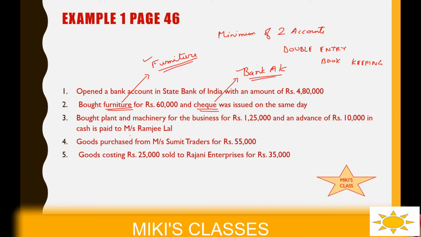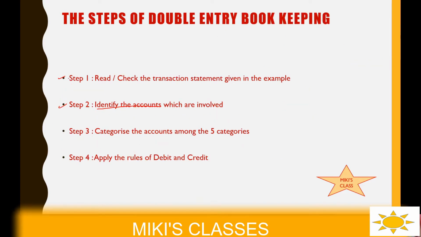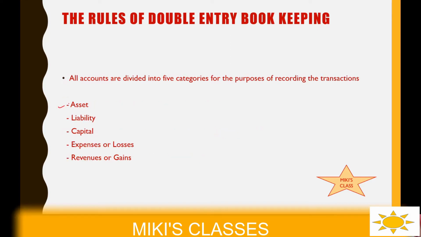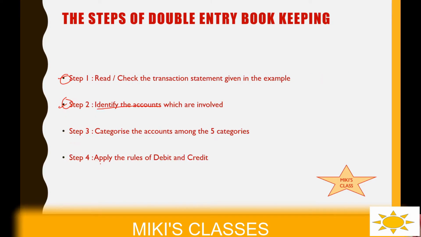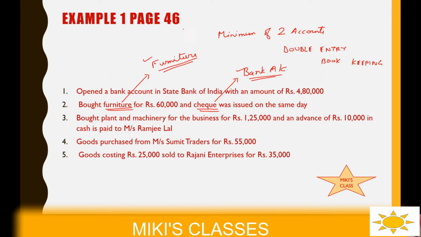Step number 1 is done. Step number 2 is done. Step number 3, categorize the accounts among the categories. Is it an asset, liability, capital, expenses, losses, or revenue or gains? So we have to check it for 2 accounts, furniture and bank.